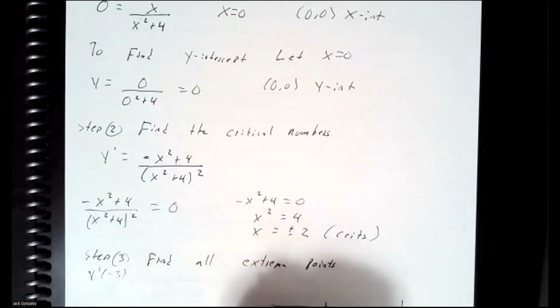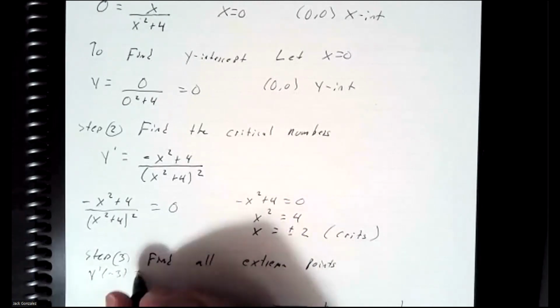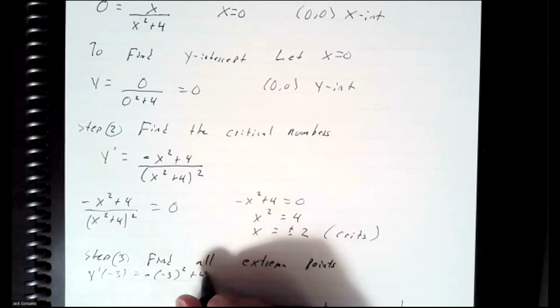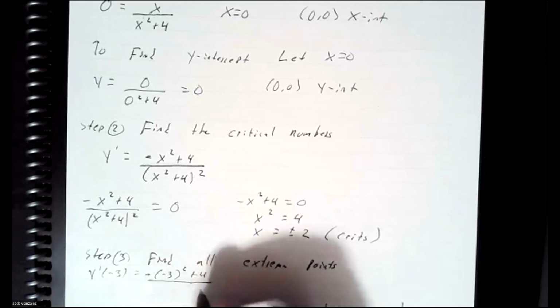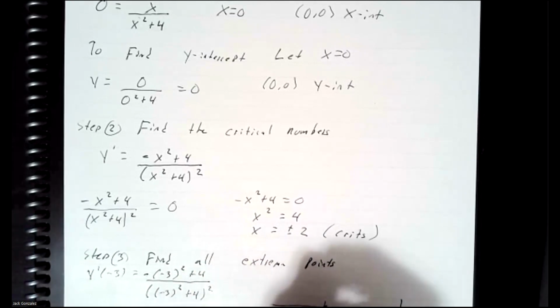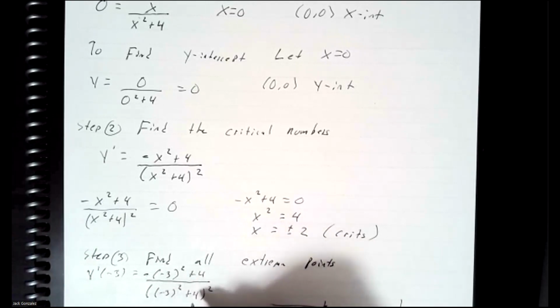Let's see. -3 squared plus 4 over -3 squared plus 4. That looks like the bottom will be positive no matter what, right?